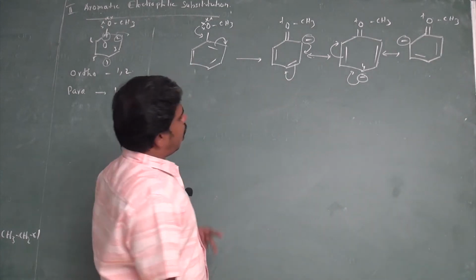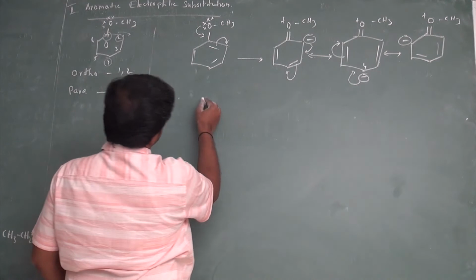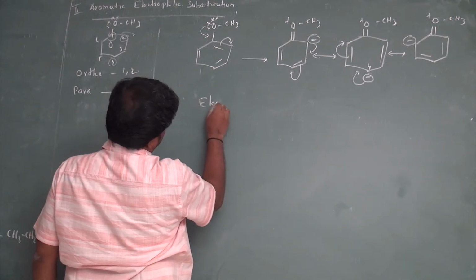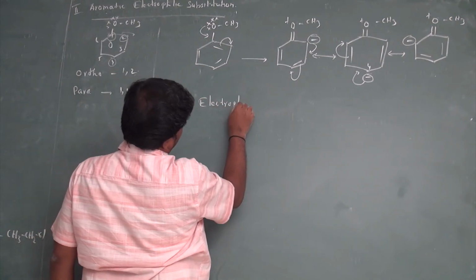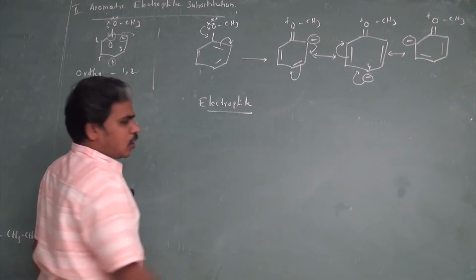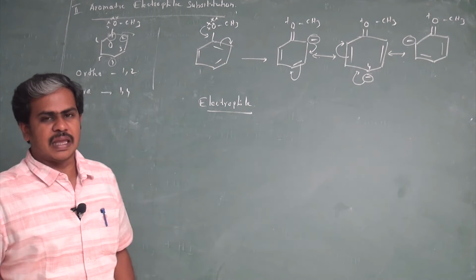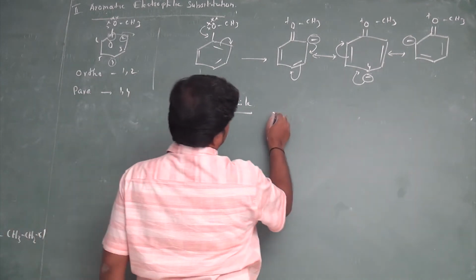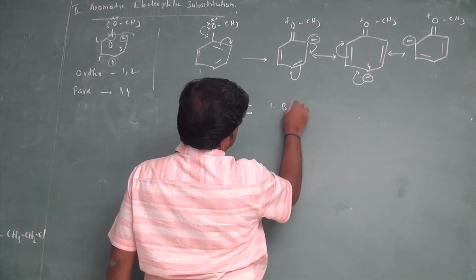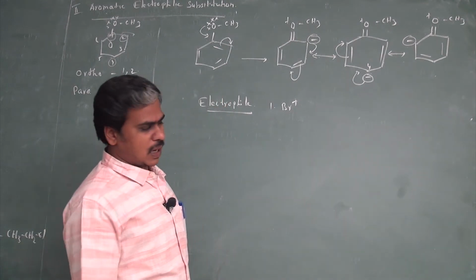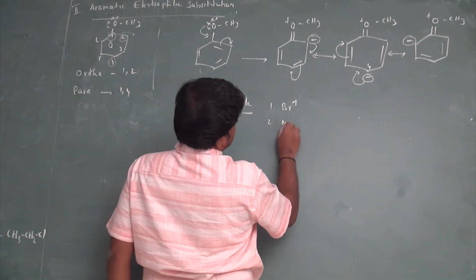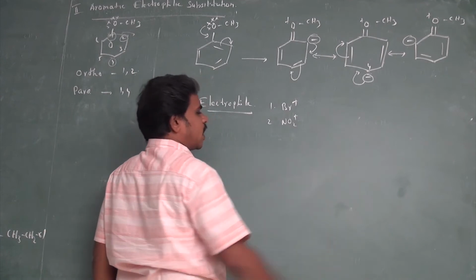So here what will happen if you take an electrophile? You know that electrophiles are electron deficient components carrying a positive charge. So if you take an electrophile, we take Br plus, bromonium ion, and NO2 plus, which is the nitronium ion.